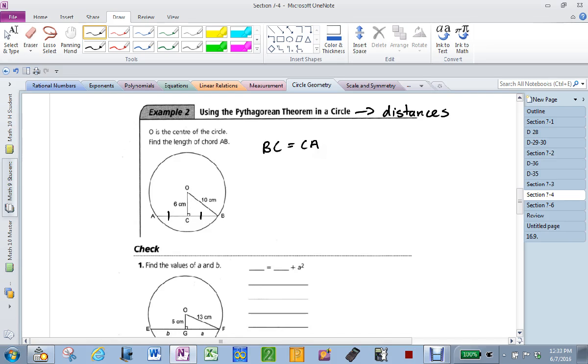Right? So if I know BC, what would I do to find AB? I just add it or double it, right? So I know that 2 BCs equals AB, yeah? So if I can find BC, do I know how long AB is?